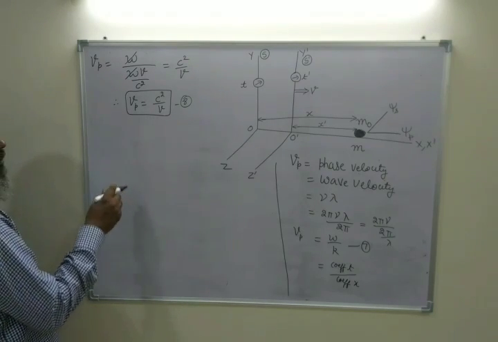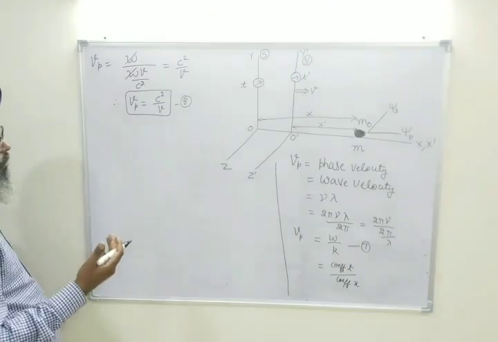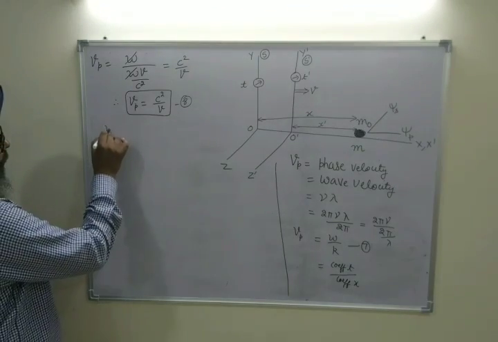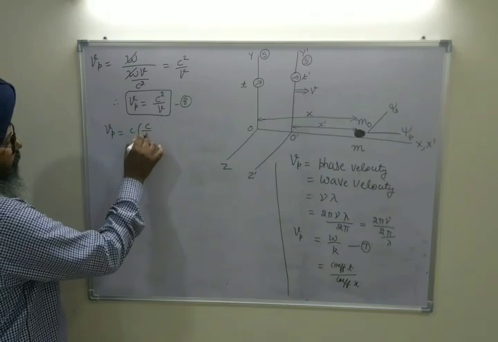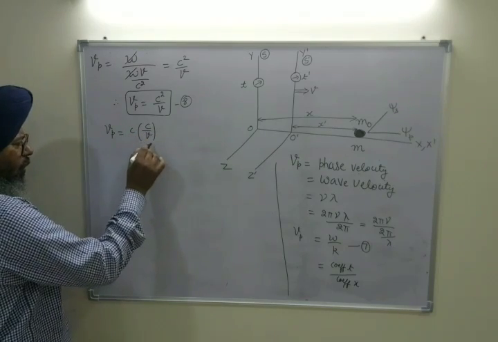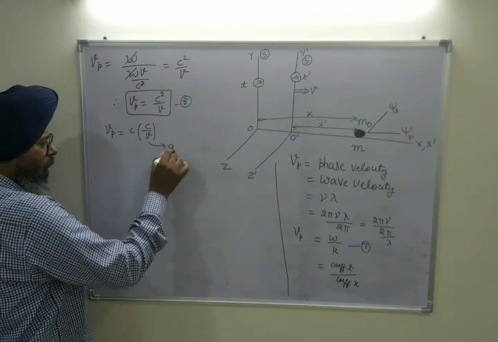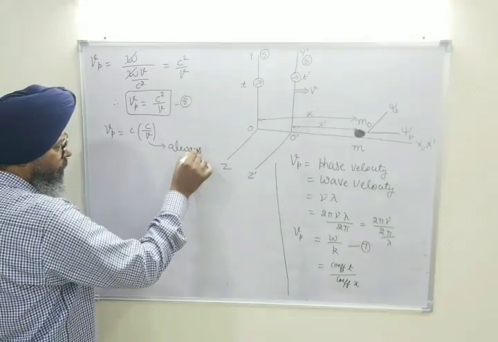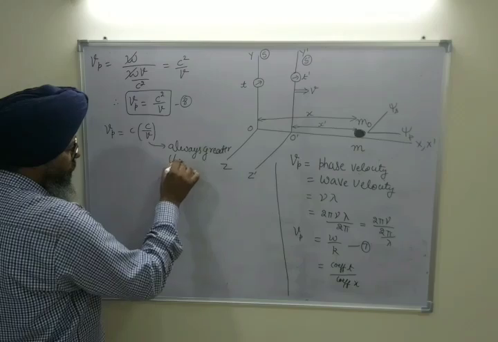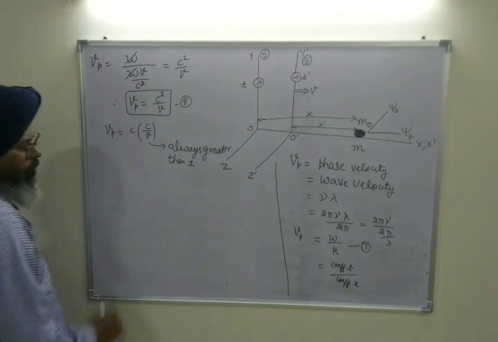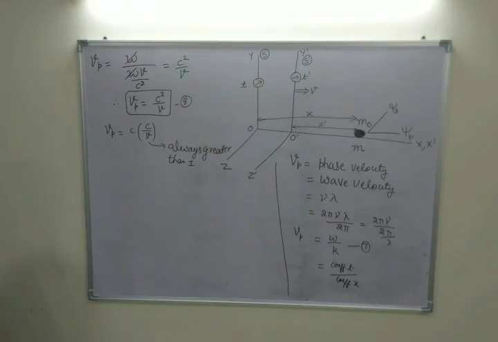Now equation 8 gives some strange result to us. Why? Because if I write this equation like this, it is equal to c into c by v. Now this quantity in the round bracket is always greater than 1, because according to laws of special theory of relativity, no object can travel faster than the speed of light.